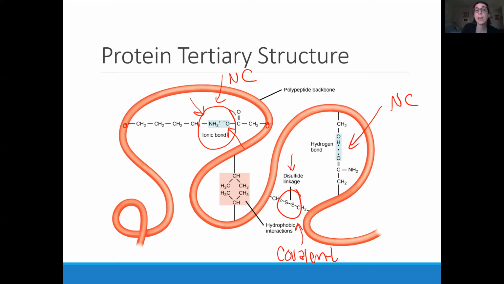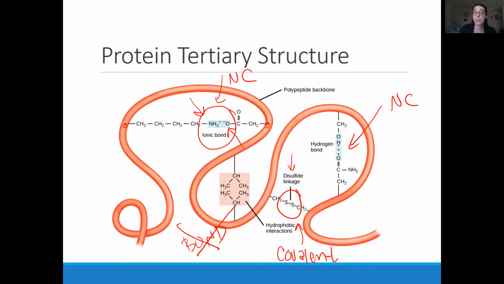The last thing that can help hold together their tertiary structure is hydrophobic interactions. This is not a bond. Remember, we talked about this again in chapter 1. Hydrophobic interactions are driven by entropy. It's just that nonpolar groups like to cluster with other nonpolar groups to get away from water.